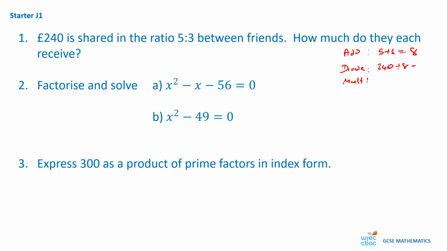That tells us how much each share is, and 8 goes into 240 30 times. So we multiply 5 by 30, it's £150, and 3 by 30, which is £90, giving us, if we check, our total is 240.